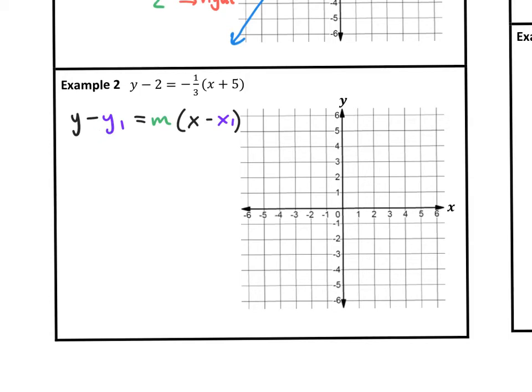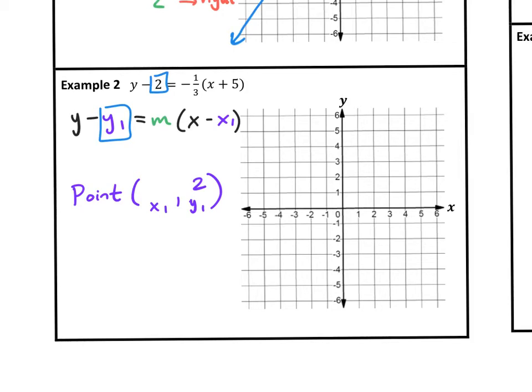So, can we agree that this number is going to be this number? That y1 is 2. So if I'm looking at my point, I want to know what x1 is going to be and what y1 is going to be. So right now, we can see that 2 is going to be my y1.